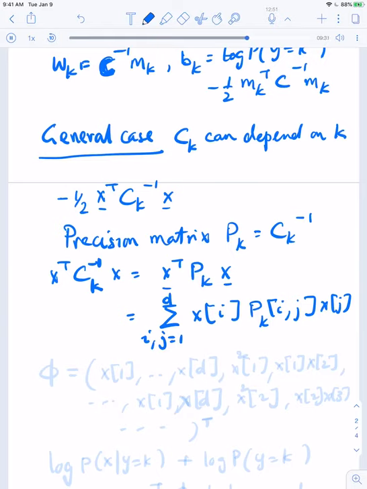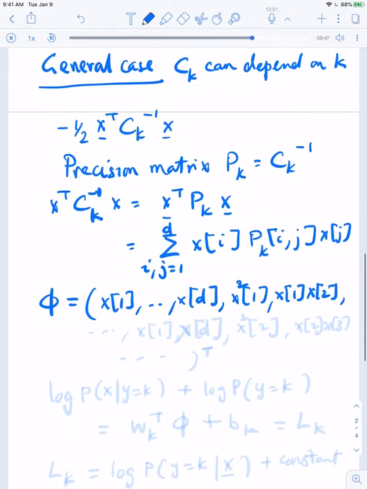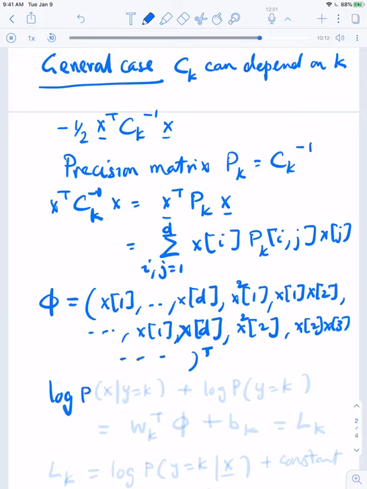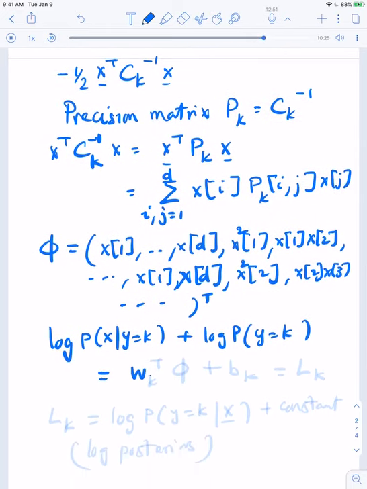So if I can create a feature vector phi, which is all the linear terms, x1 through xd, and then all the quadratic terms, x1 squared, x1 x2, all the way to x1 times xd, and then I do the same thing for x2: x2 squared, x2 x3, etc. If I create a feature vector that's as big as this, then you can check that I can write log of probability of x given y equals k plus log of the probability y equals k, this is the quantity I'm maximizing, as some new wk transpose phi plus some new bk.